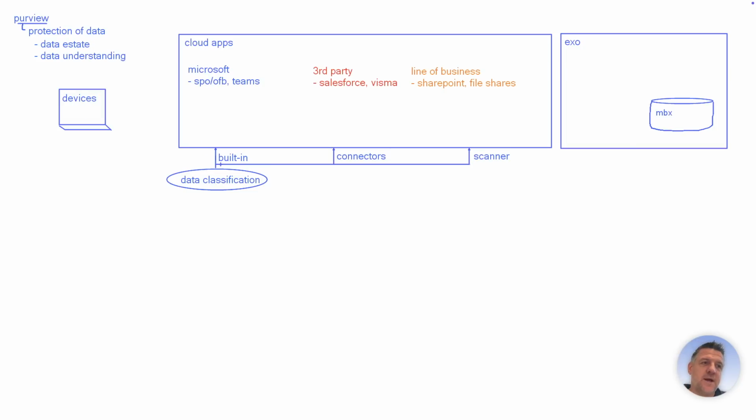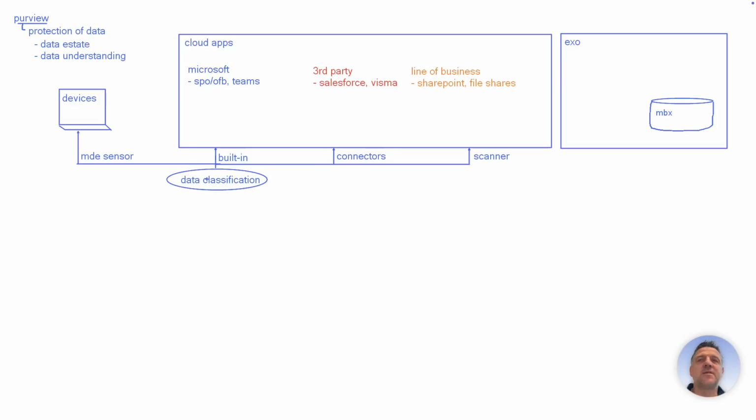And if we want to add this kind of data in the classification part, so if we want to connect to a device and start understanding what kind of information is stored here, we would need the Microsoft Defender for Endpoint sensor, which is the Microsoft Defender for Endpoint client, to be deployed to that device.